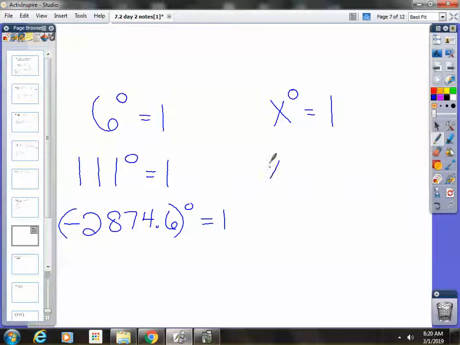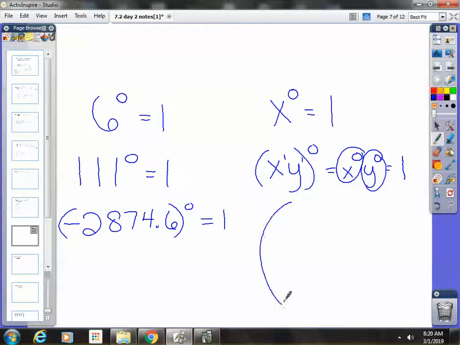So what if I have this? It's 1, isn't it? Because this would be like, I would do power to power. I would multiply those exponents. 1 times 0 would be 0. That's going to be 1. So 1 times 1 is 1.